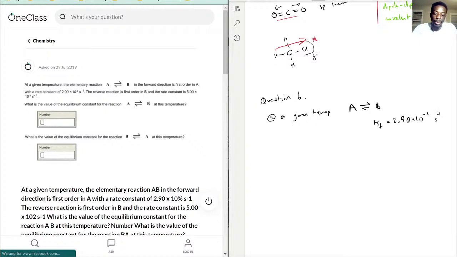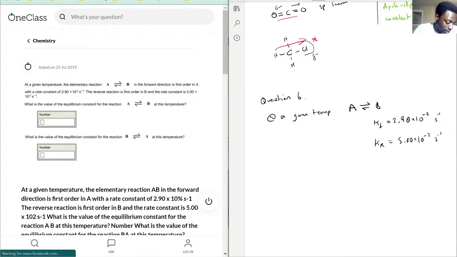Those are the units specifically for a first order reaction. Now the reverse reaction is also first order, so K reverse is equal to 5.00 times 10 to the negative 2, same units, okay? Now, a forward reaction, okay?